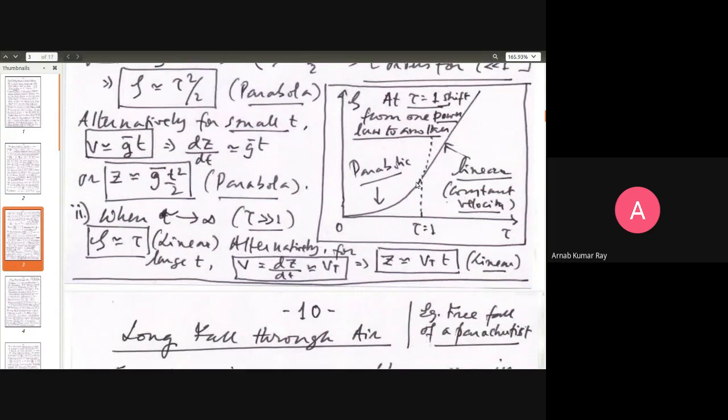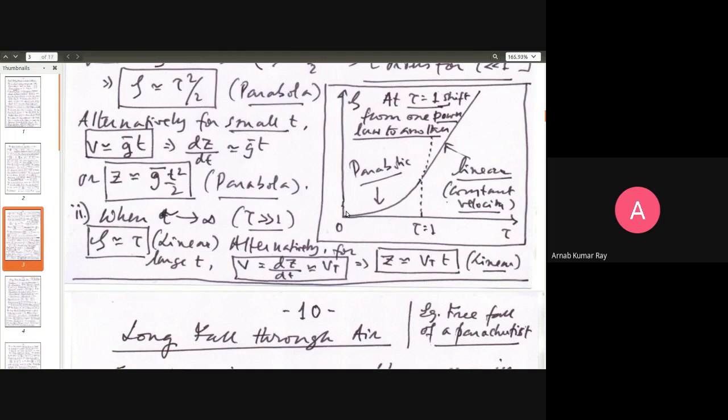Anyway, as you can see, z or zeta does not stop anywhere. It just keeps increasing to greater and greater values as t or tau increases. So there is no turning point. Once an object has been released in a long liquid column, it will keep falling, but it will do so with a constant velocity eventually, which is the terminal velocity.